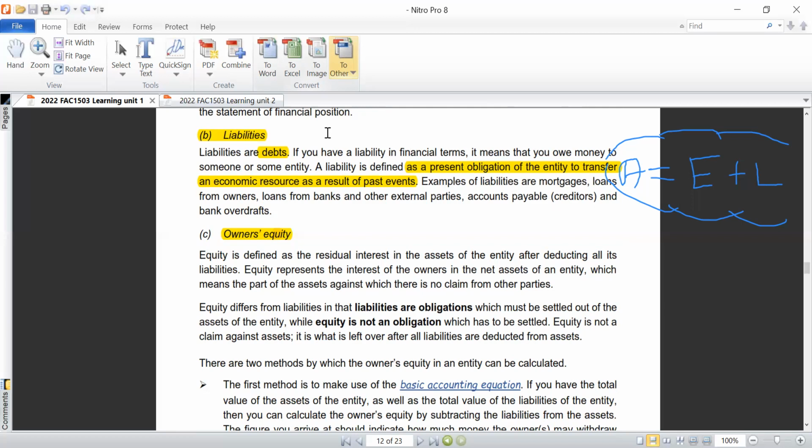That's good, leader, because I want to be able to identify exactly what assets and liabilities are in a given question. Once you know those things and classify them accordingly, it's going to be simpler going forward. Absolutely.